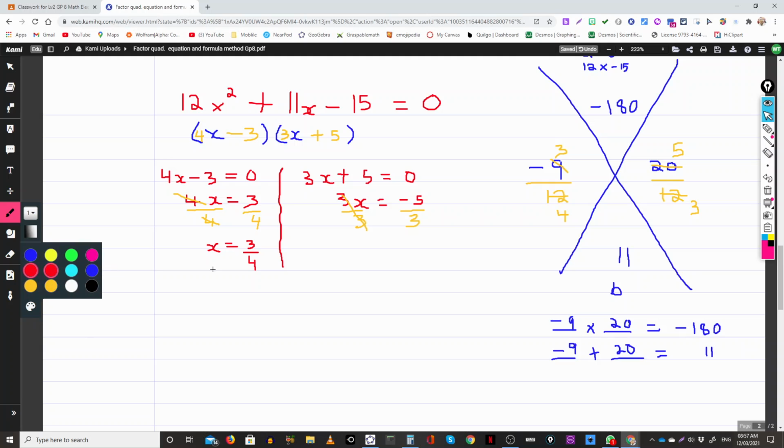So the solution for x is x equals minus 5 over 3, or you could say minus 1 and 2/3, changing it to a mixed number. So that's the solution for that one there.